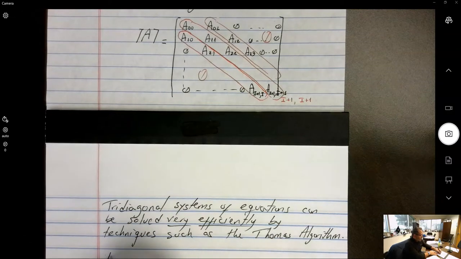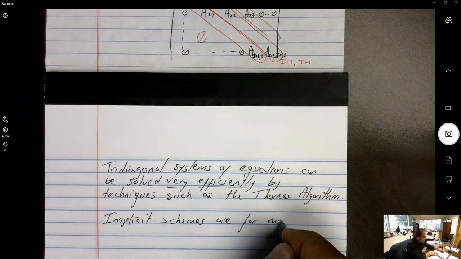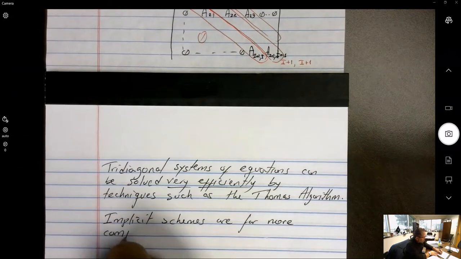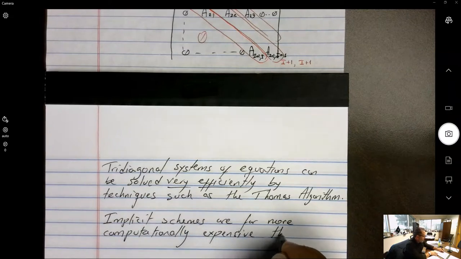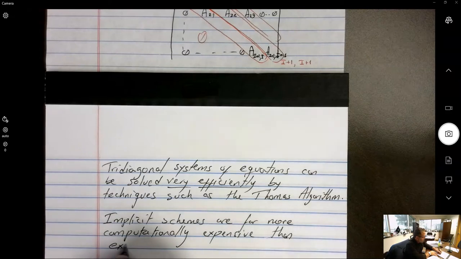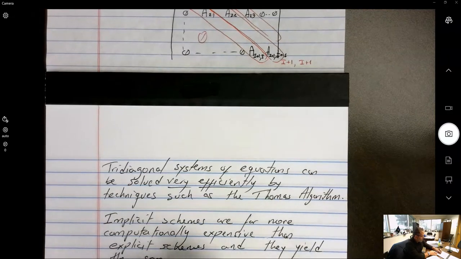Now, implicit schemes are far more computationally expensive than explicit schemes, and they yield the same accuracy.